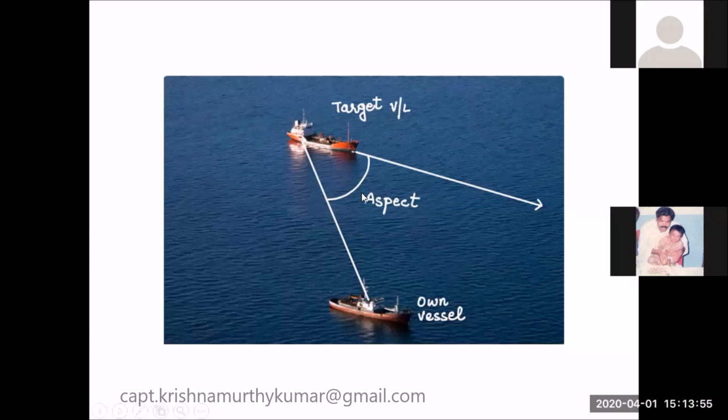Now, which one is supposed to keep clear? The target vessel or our vessel? If he is a power-driven vessel, then he must keep clear of me. But if he is a fishing vessel, sailing vessel, RAM or NUC, complete, every one of you complete.